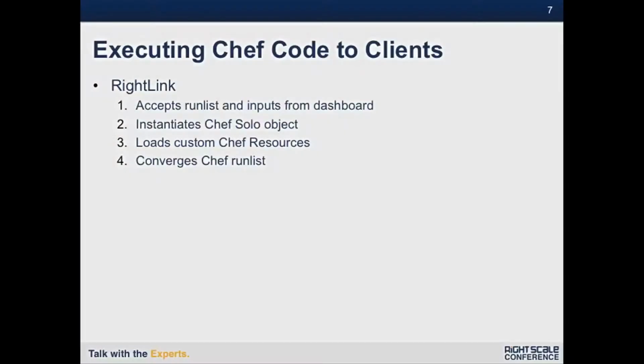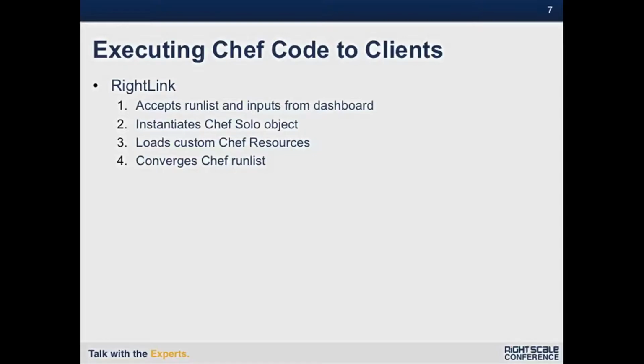Any value that you want to pass into your Chef recipe so it knows things about its context, or the name of the database server it's going to connect to, things of that nature that you might use in your recipe, you can pass in through the dashboard. So we pass that in when RightLink instantiates that Chef solo object. We also have a set of custom Chef resources that we add to that runtime.